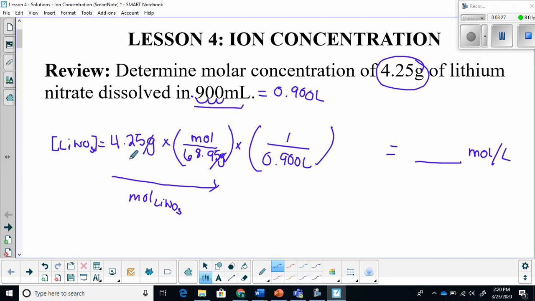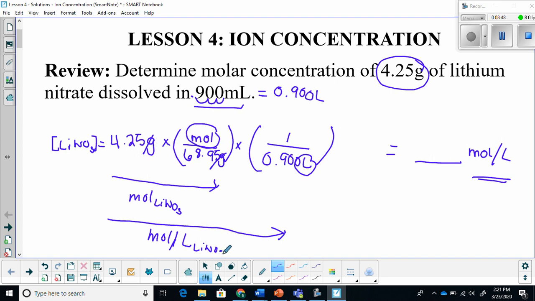Okay, so in your calculator, actually, before we confirm that, from here to here now, we're going to have the units moles per liter. Perfect. That's what we're looking for. So here we're going to have moles per liter of lithium nitrate. Again, I apologize for this new system here.